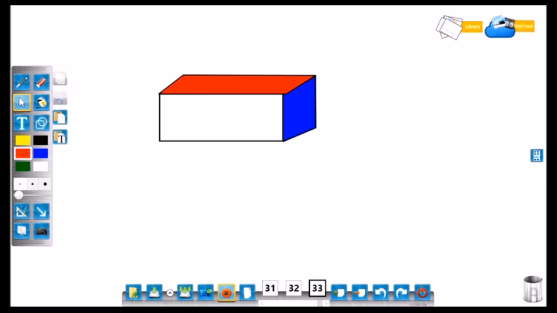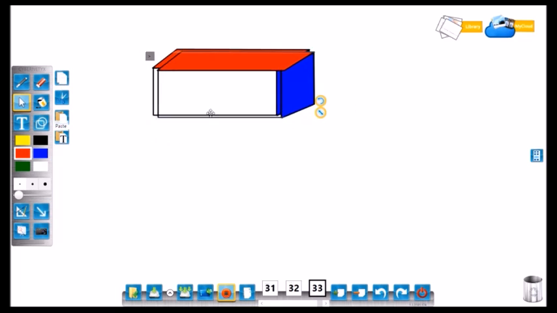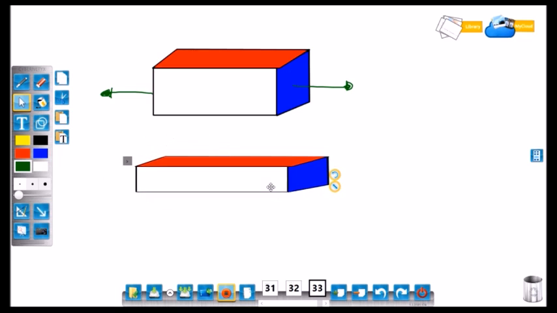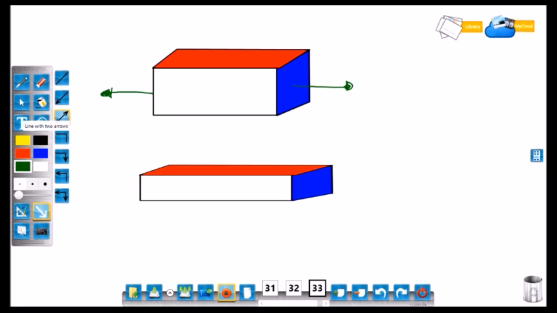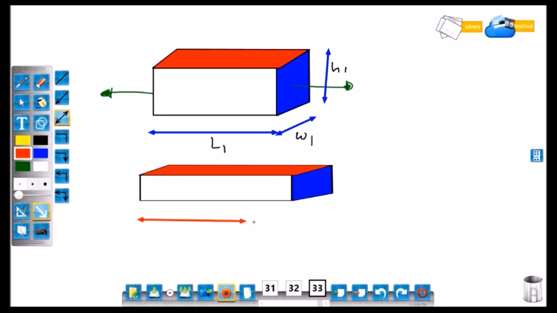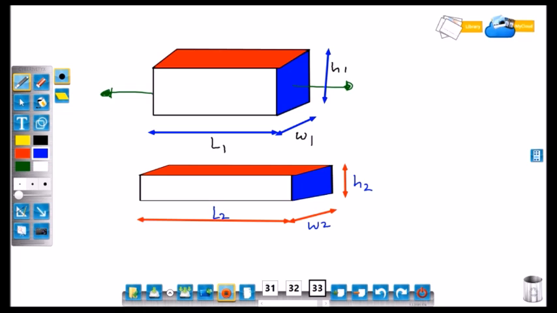When forces are applied, the body will get deformed. Here tensile forces are applied, that's why the body will get elongated. These are the dimensions of the body. L1, W1 and H1 are the length, width and height of the body before application of the load, and in the second body L2, W2 and H2 are the length, width and height.